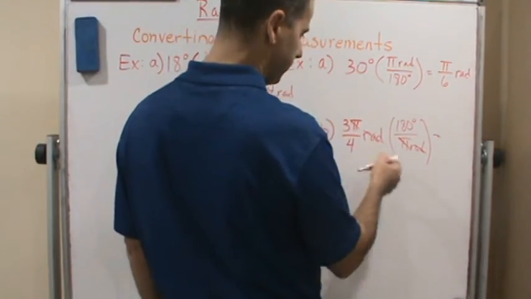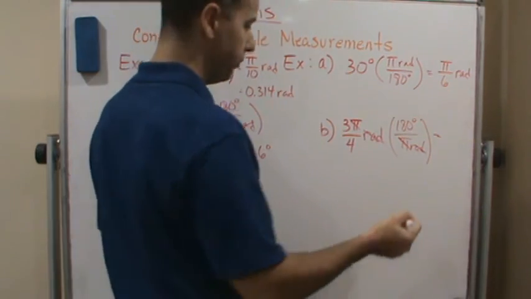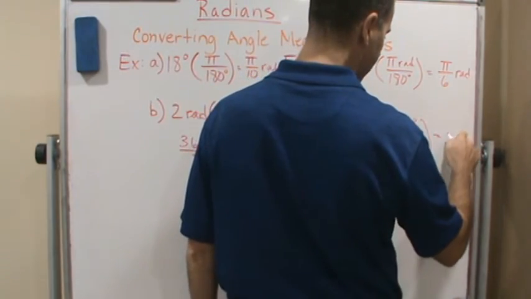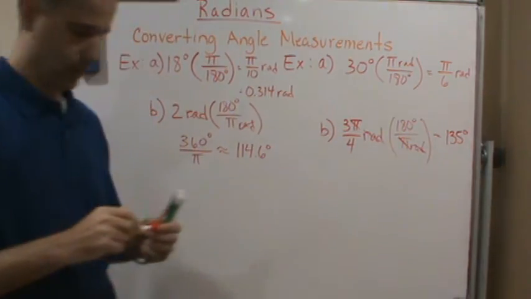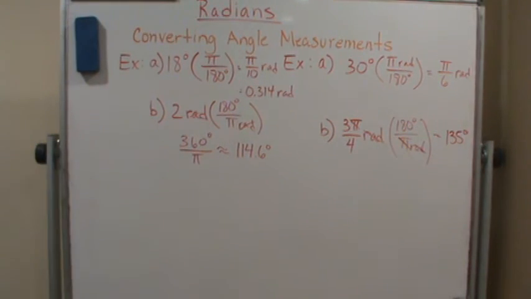So we get 3 times 45, and 3 times 45 is 135 degrees. So now in this case, the pi's cancel out and we end up with an exact answer of 135 degrees.